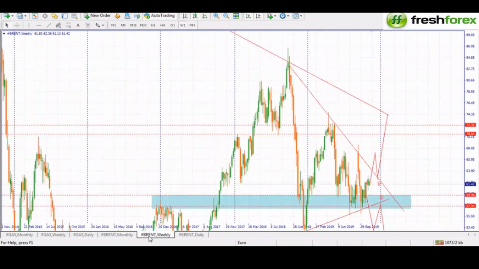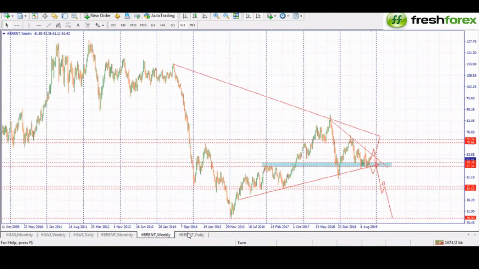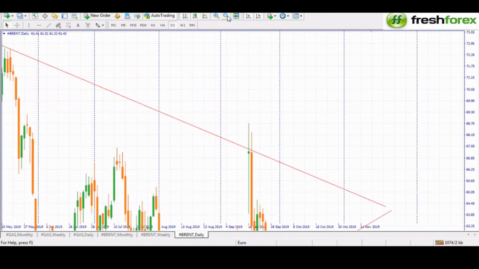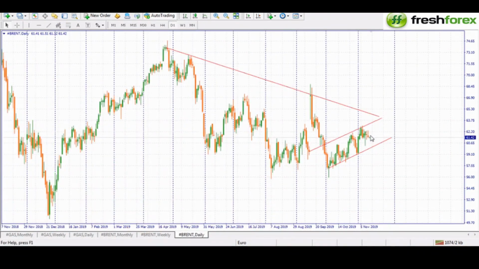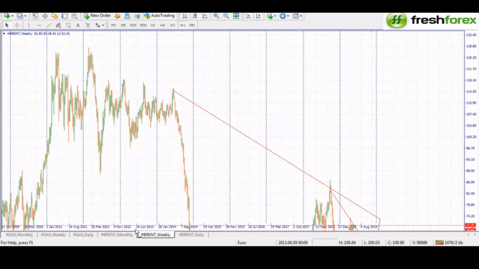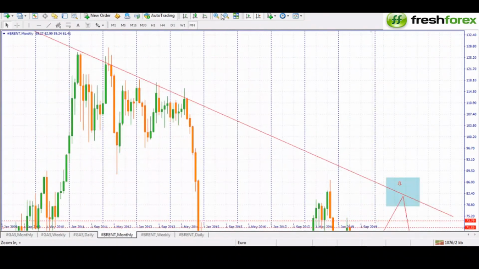We've also seen that Brent oil weekly is a buy, and now we are seeing that daily is also showing us the formation of a buy, which means if price pulls back up to this level here, you're supposed to pick that buy. Whoever waits and buys it here is actually also buying it on the weekly and on the monthly.